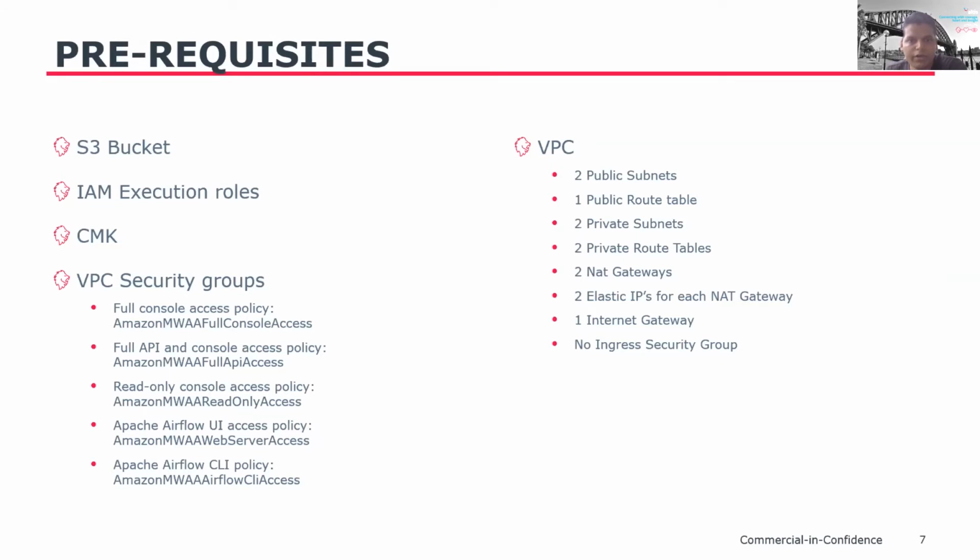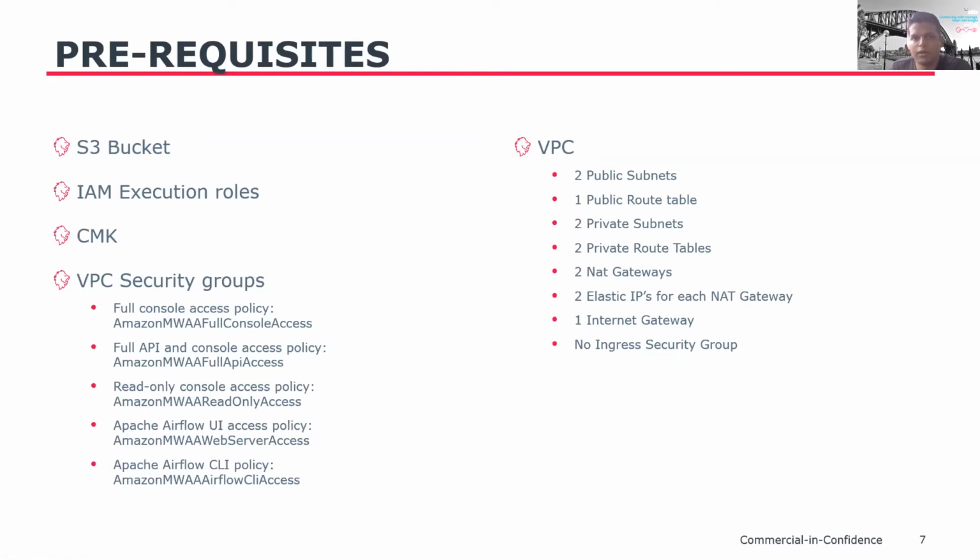You might also need a security group for the CLI access permission for users that need to run the Airflow CLI commands like triggering DAGs from the command line. So these are a few of the security groups that you might need to set up as prerequisite.